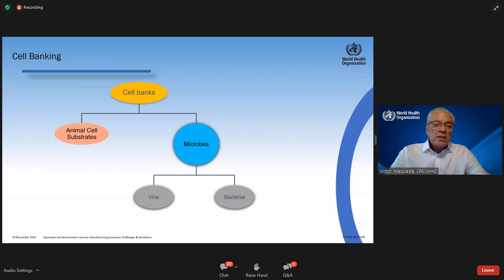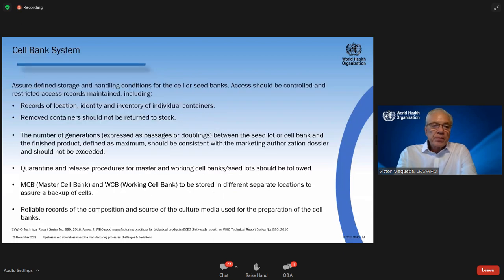If you had viral vaccines, you would need, which is indicated on the left, the animal cells, in order to propagate the virus. So this is basically the main frame that you would have in cell banking.